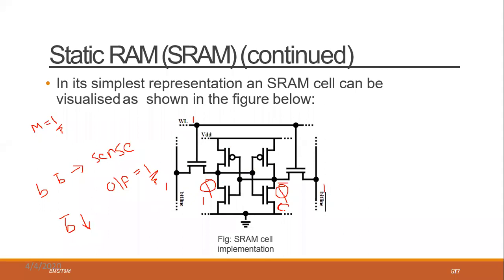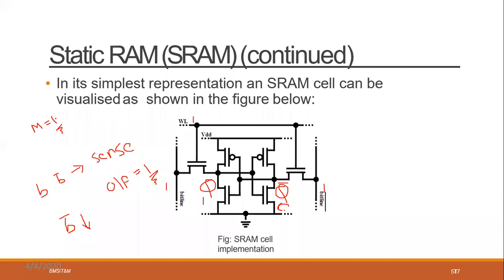Then we are assuming logic 1 is stored, so Q will be 1 and there is no potential difference. But here Q bar is 0, so there is a potential difference and it will be discharging through this path and losing its value. So bit line and bit line bar will be given as input to the sense amplifier or comparator, which checks whether bit line or bit line bar is low. Based on that, it will give the output.